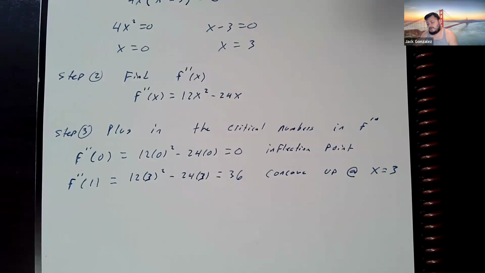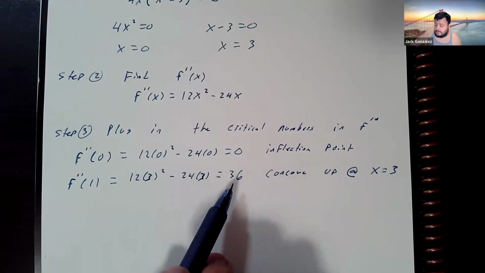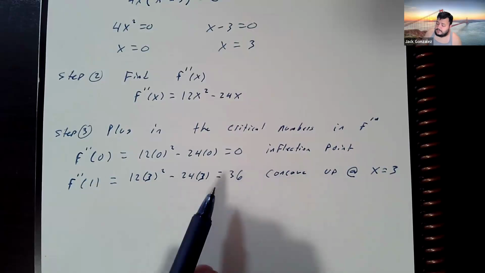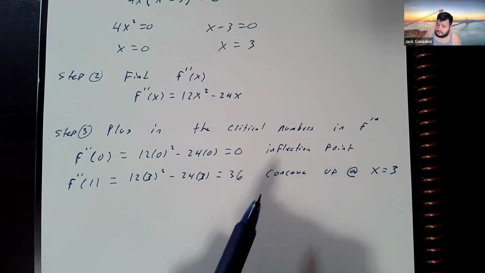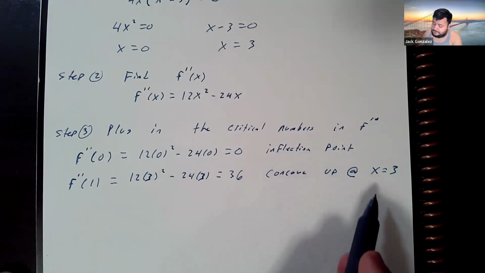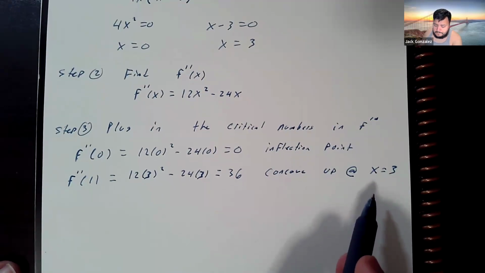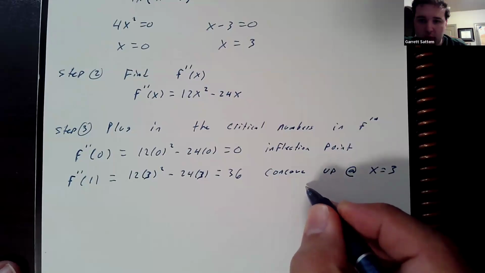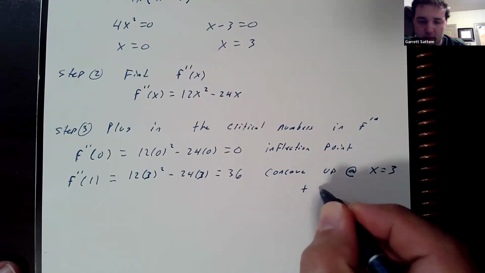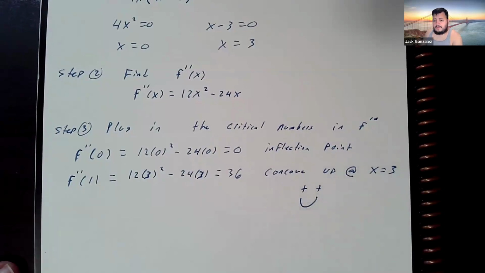So for concave up, if we get it positive, that means we're concave up at that location. But since it's a critical number, that means what? What kind of point is it? It's a critical point. Oh, that's right. It's concave up.